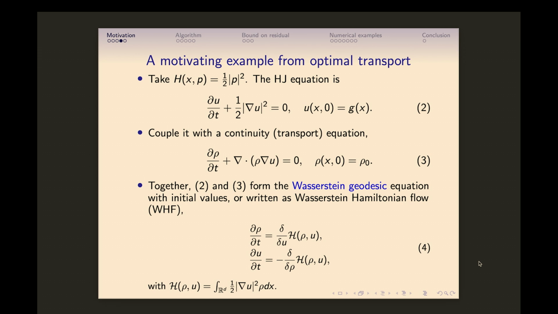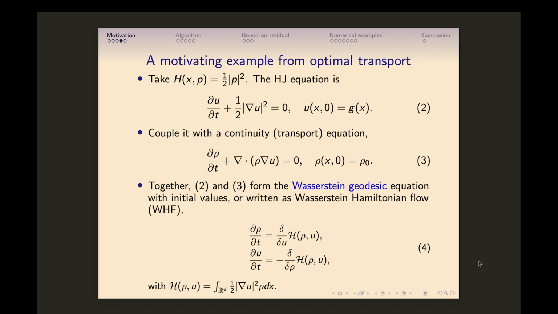Then you can view these two equations in this fashion. This probably reminds many of us of learning undergraduate dynamical systems. This is a way of writing a dynamical system, but you're deviating a little bit from the regular Euclidean space. You go to the Wasserstein manifold to do this type of thing.